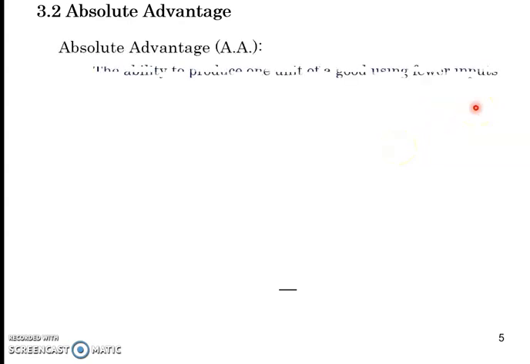To be able to discuss the gains from trade, we have to get two things defined in the first place. They are absolute advantage and comparative advantage. Absolute advantage means here the ability to produce 1 unit of a good using fewer units than another economy.